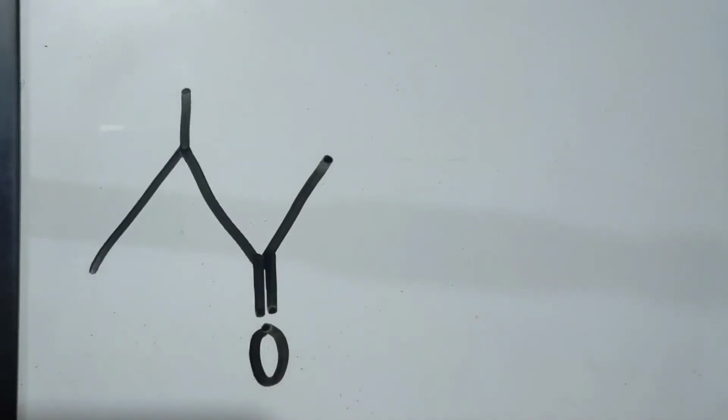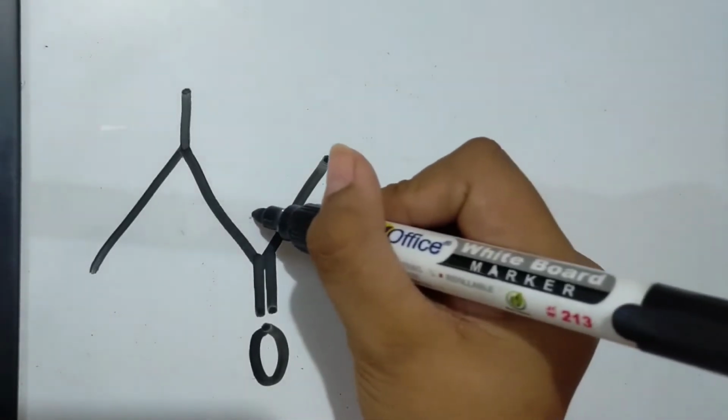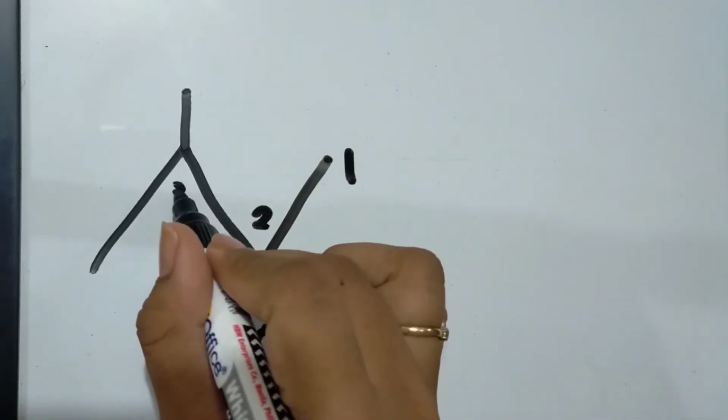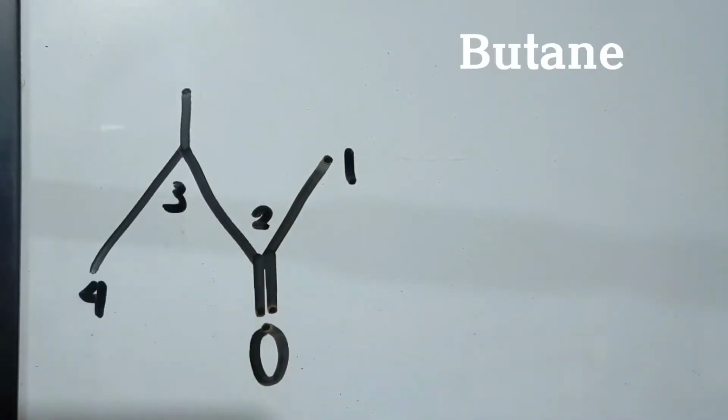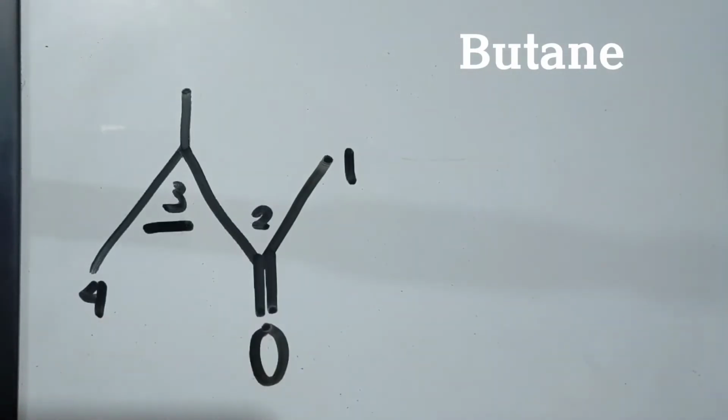Second example. First, let's find the longest chain, or the parent chain, of the structure. Counting from the right, 1, 2, 3, 4. So there are 4 carbons, therefore it is a butane. Then we have our substituent on the third position. It is a 3-methyl.